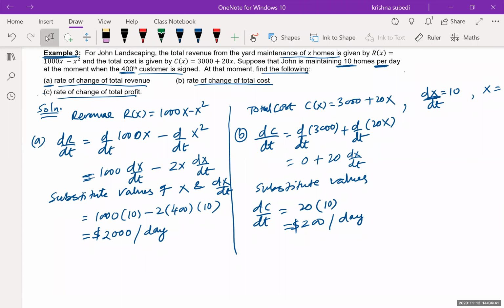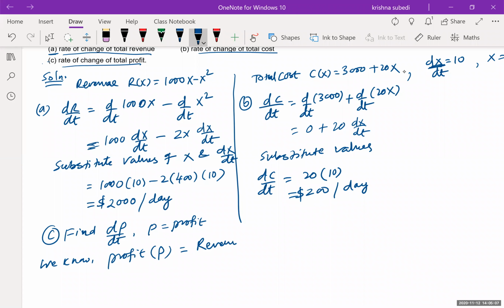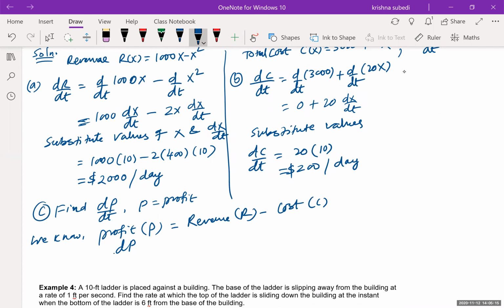Now part C, rate of change of total profit. Okay, so we want to find rate of change of total profit. So in part C, we need to find dp over dt, where p is profit. So we know that profit P equals revenue R minus cost C. So dP over dt equals dr over dt minus dc over dt.